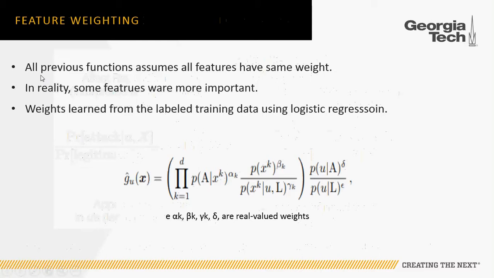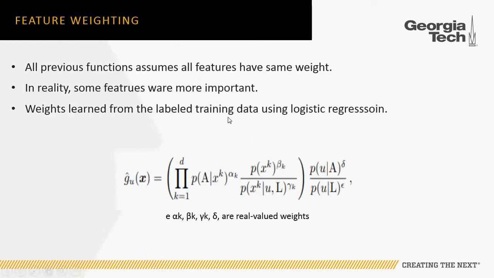From previous discussion, we were assuming that all the features have the same weight, but in reality it's not the case. Some features are more important. For example, IP seems more important than a user agent, so we can further improve the formula by assigning weights to each feature.